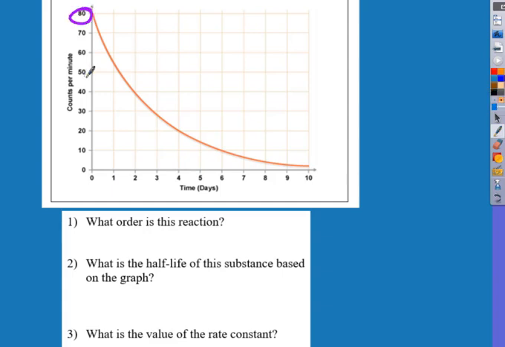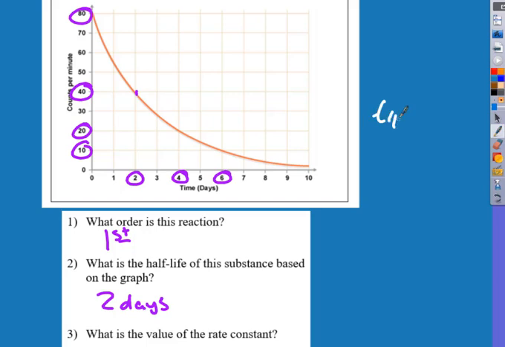So the first thing you should have done is said you had 80, 40, 20, 10. To go from 80 to 40, it took 2 days, and then another 2 days, and then another 2 days. So the half-life is 2 days, which means this order must be first order because the half-life was constant at 2 days. To figure out the value of the rate constant, we can use this equation.